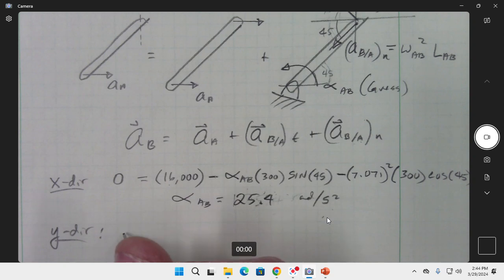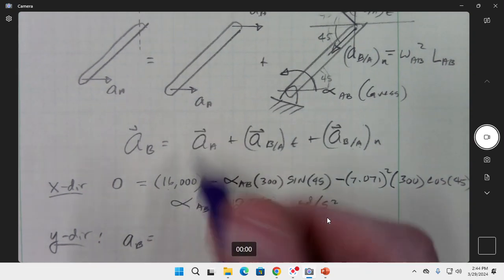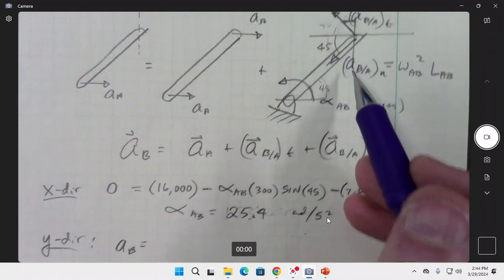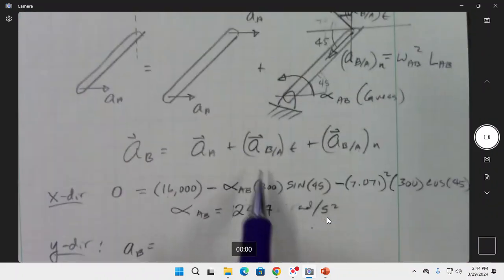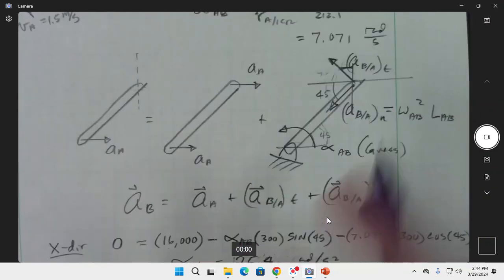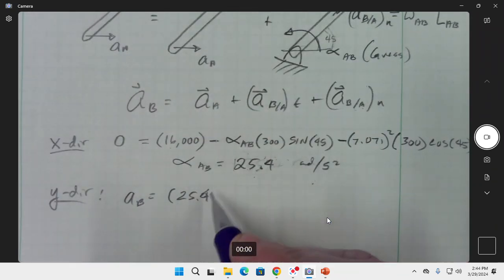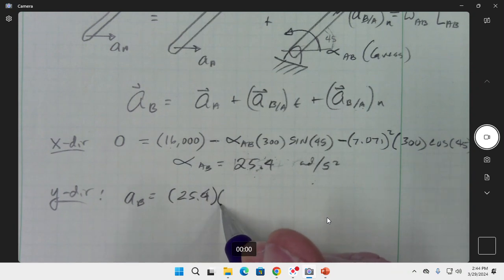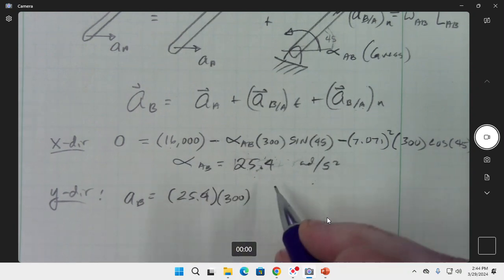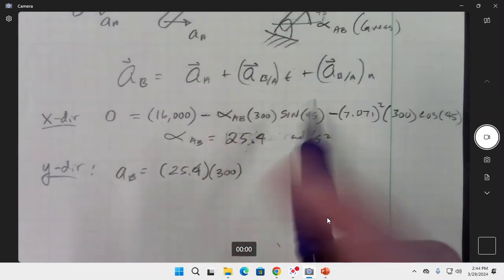And then this one, we know we're just going to have the acceleration of B because it's going directly up and down. And there's nothing from this diagram, so we're entirely over here. So I'll start out with this guy, and so that's going to be our alpha 25.4. And the diagram, by the way, is going upwards, so we're positive. 4 times our 300 times the cosine of 45.